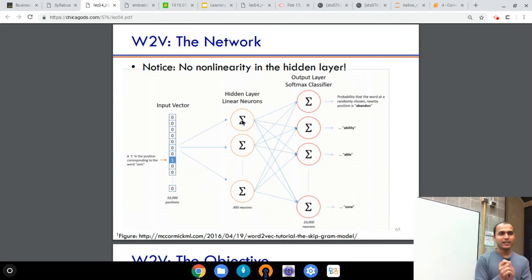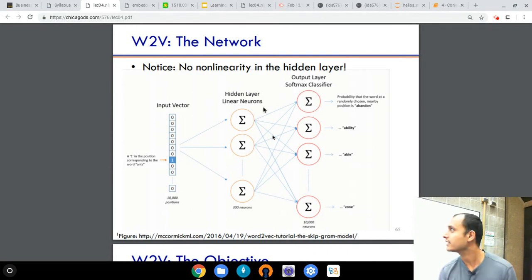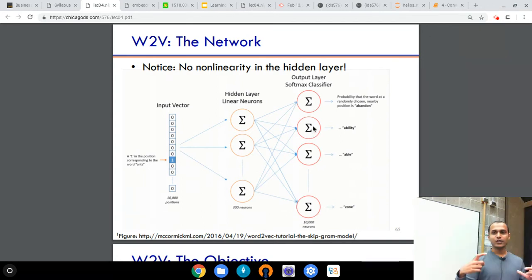So if Fox is close to quick, quick also has to be close to Fox. It's symmetric. All I'm saying is, think of the second matrix as frozen. If the Fox vector is here, then the quick has to be highest. If the quick vector is here, then the Fox has to be highest, some other coordinate. The only way that can happen is if the vectors of Fox and quick are close to each other.